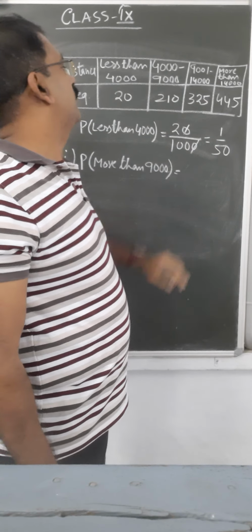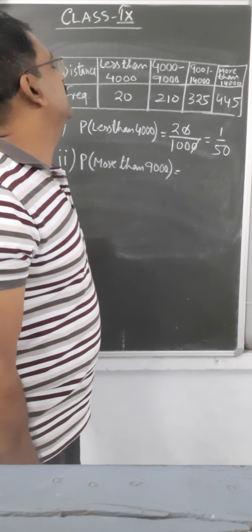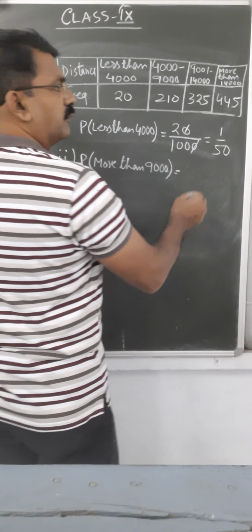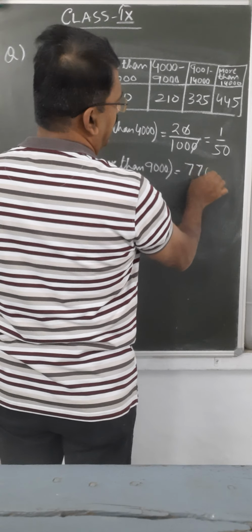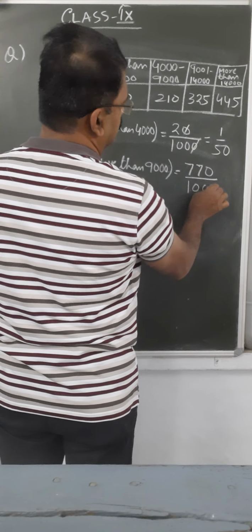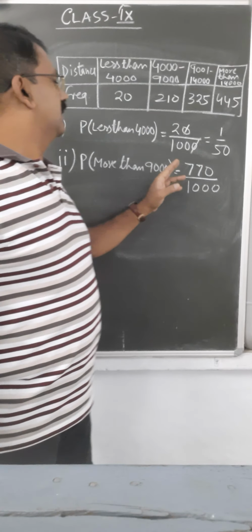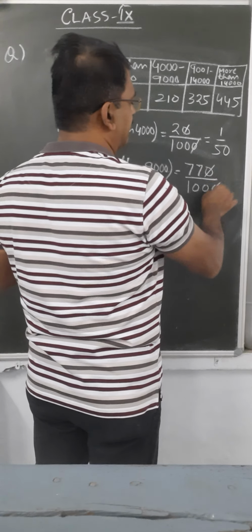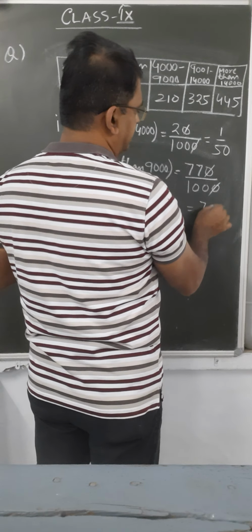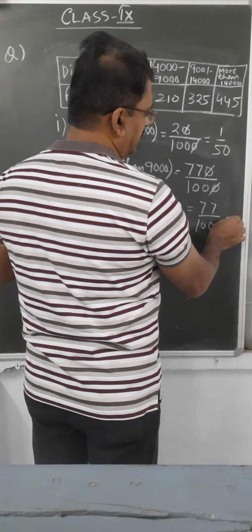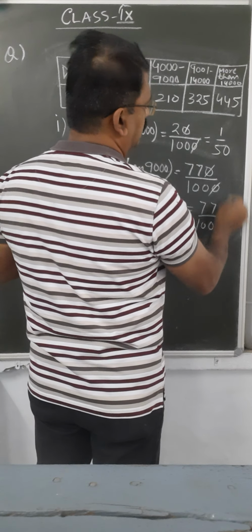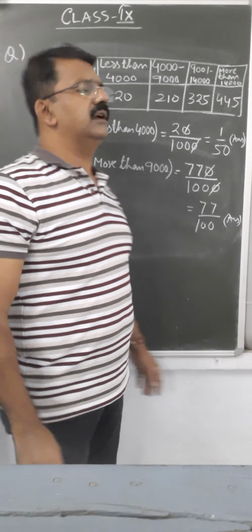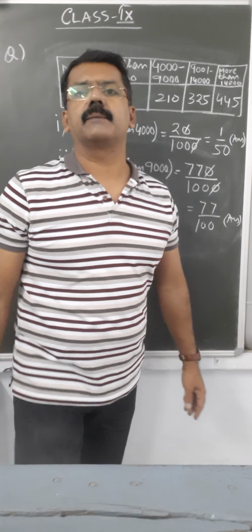If you add 325 and 445, you will get 770. So favorable outcomes will be 770 and total outcomes will be 1000. Your answer will be 77 upon 100, or you can say 0.77.